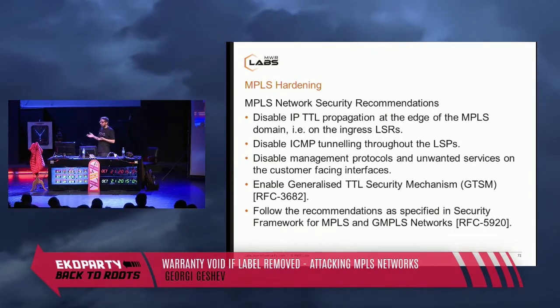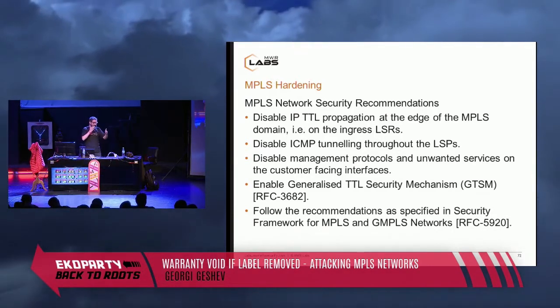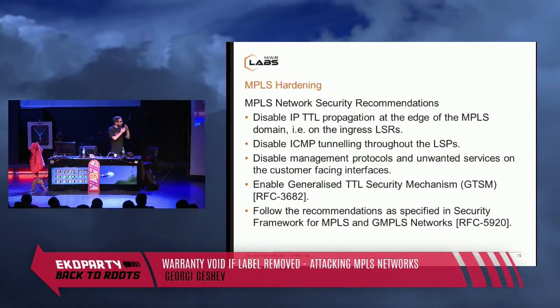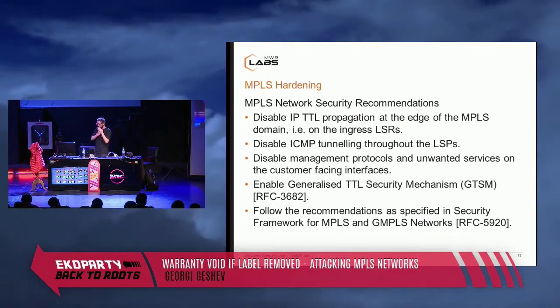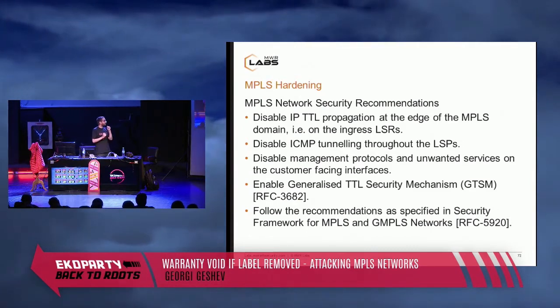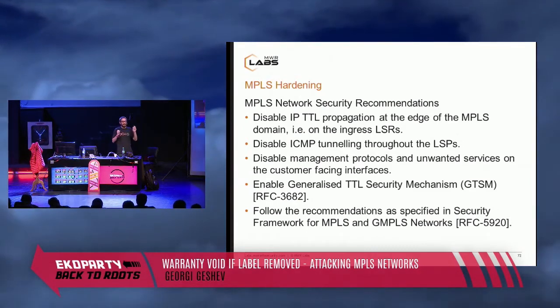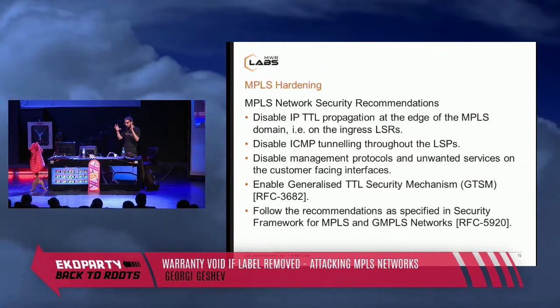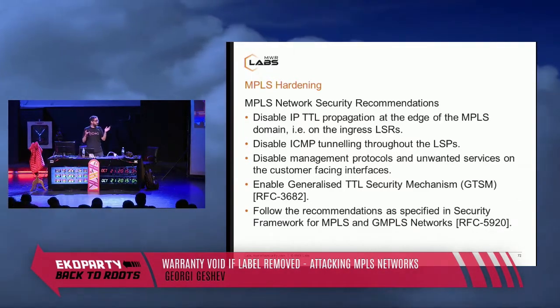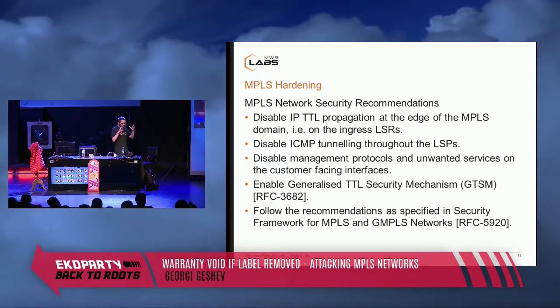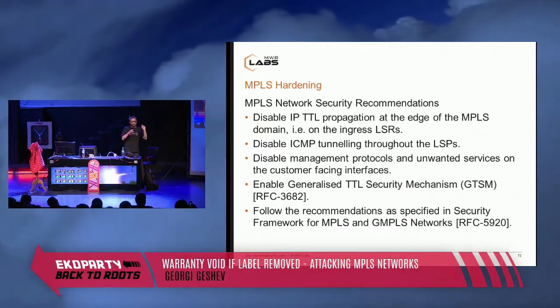Another thing is to disable the management protocols and unwanted services that run on a customer-facing interface. Basically, cut down the information as much as you can. Enable the GTSM, which is a mechanism that allows for protecting service provider devices against certain denial of service attacks based on the TTL being used in an IP header.